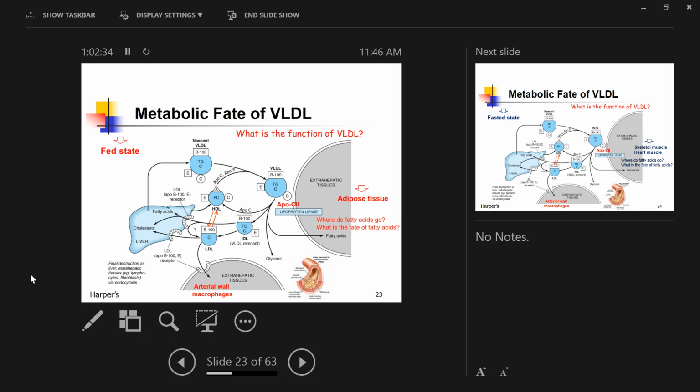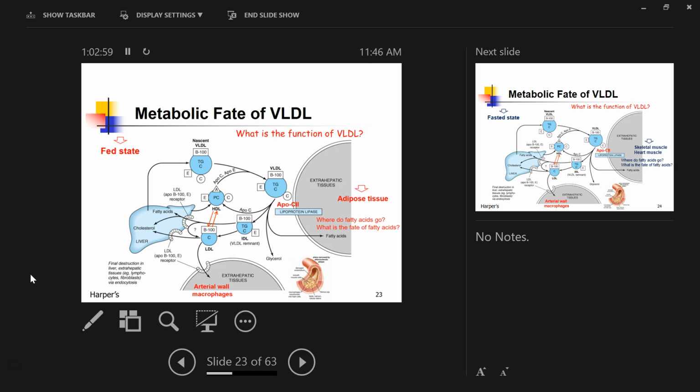Once it's synthesized in the liver, it is usually in the form of so-called nascent VLDL, because it lacks ApoC or ApoE. Once it receives ApoC or ApoE from HDL, nascent VLDL becomes mature VLDL.